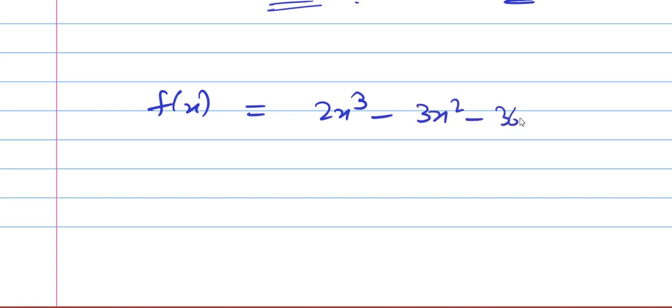Let's look at one more question. f of x equal to 2x cube minus 3x square minus 36x plus 2, and you have to tell the stationary points.